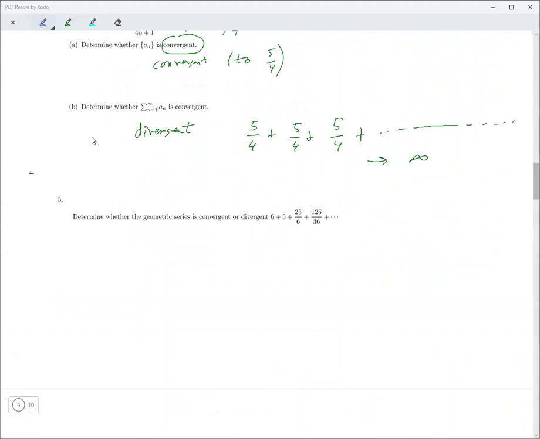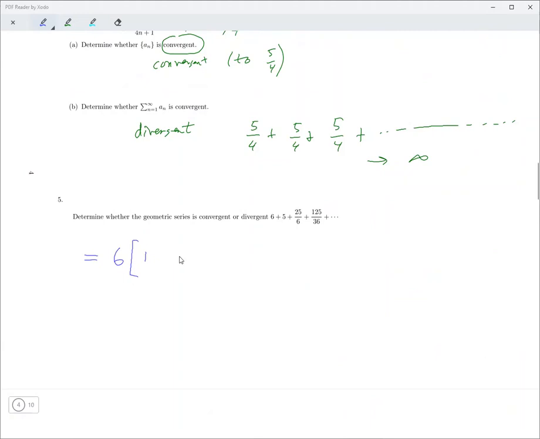Okay, so this is a geometric series. As such, what you want to do is take this right here and factor the first term out so you have a 1 right there, and then see what the other terms are. So you factor a 6 out.